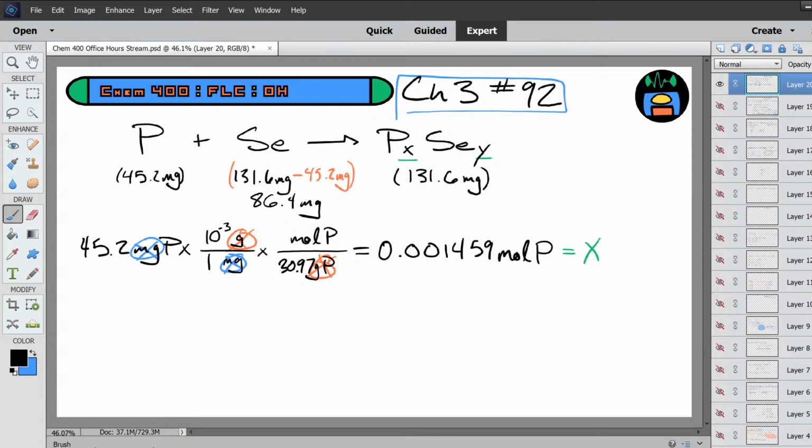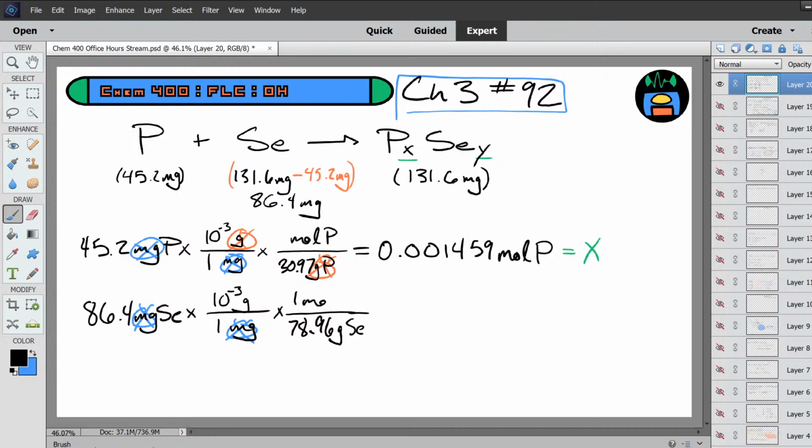Now let's take a look at selenium and figure out our value for Y. First step is exactly the same. We need to convert from milligrams to grams in order to use the atomic mass for selenium. All right, now selenium's atomic mass is significantly larger than phosphorus's. It's 78.96 grams of selenium in 1 mole.